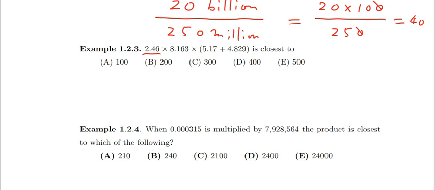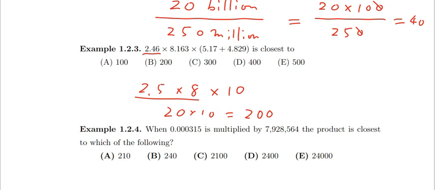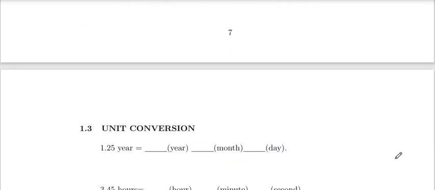I put 2.5, this one I put 8, and this one I put 10, right? So 2.5 multiplied by 8 is 20. So this number is close to 200. Okay, so just like this, the problem is easy. So those problems are easy.